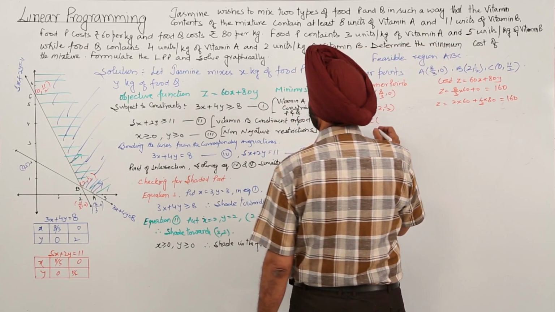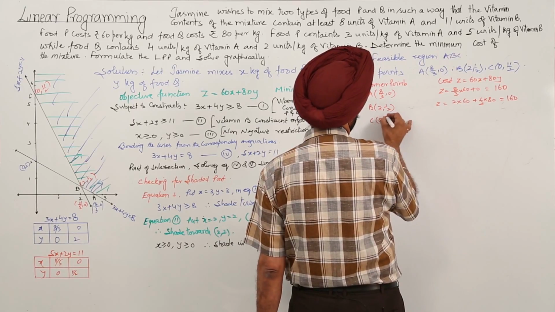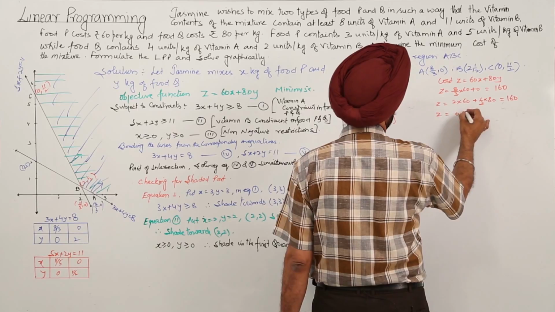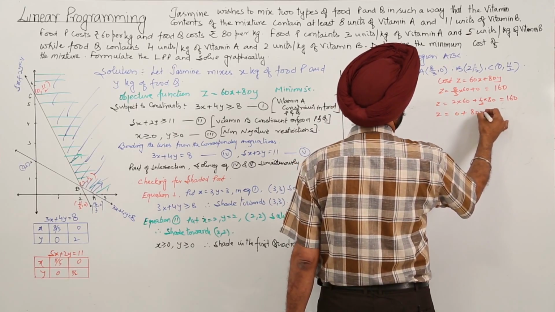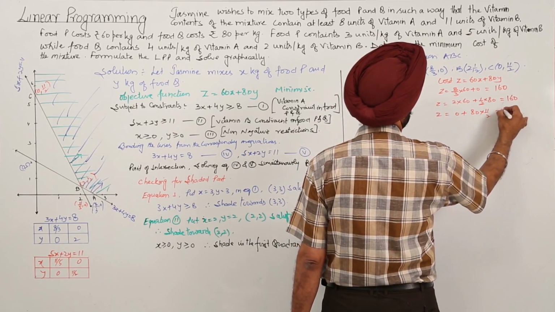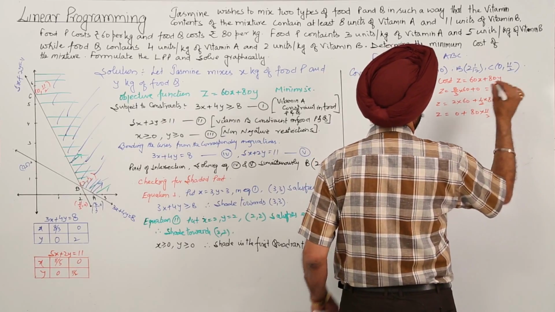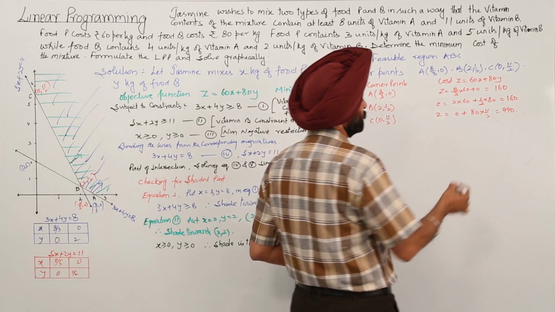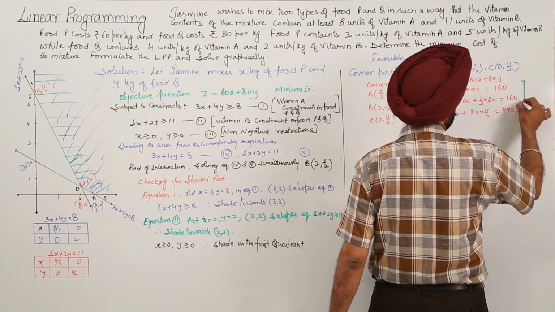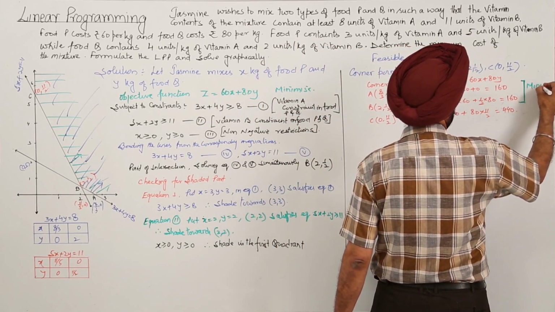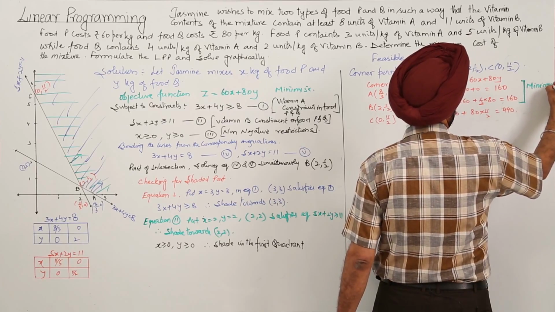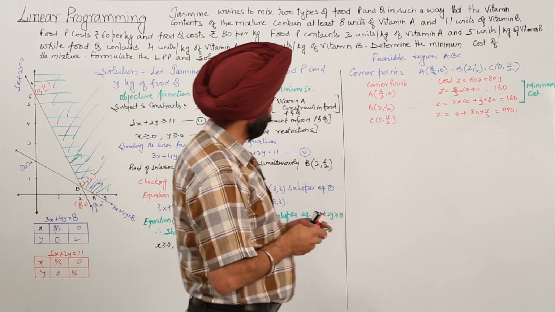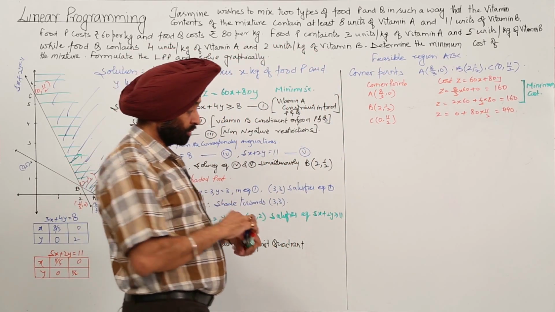And at C we are having 0 comma 11 by 2, 0 plus 80 times 11 by 2, that is 440. Now the minimum cost we are having here, that is these two, the minimum cost.